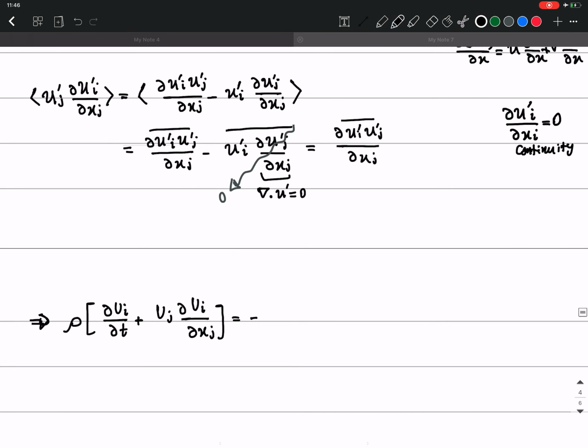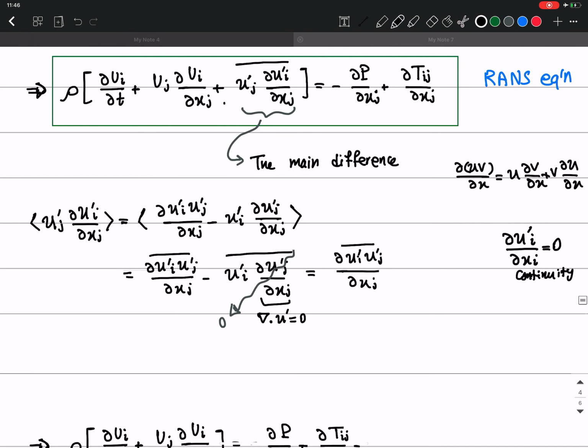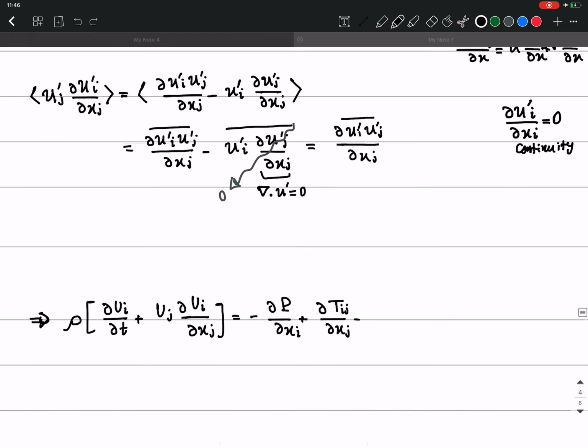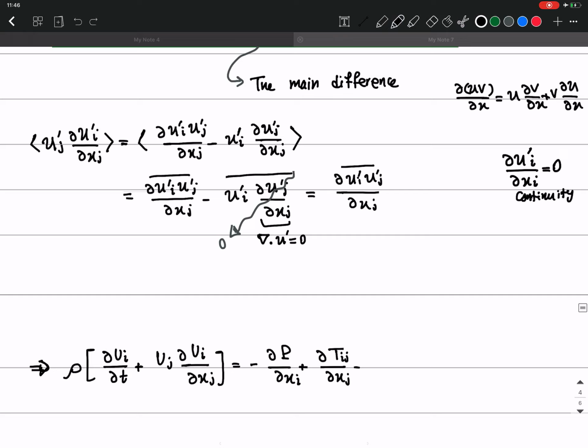So we have minus partial capital P over partial xi plus partial tau ij over partial xj minus, I took this to the right-hand side, and instead I write this, as we know it equals that: minus rho partial over partial xj of u prime i u prime j bar.